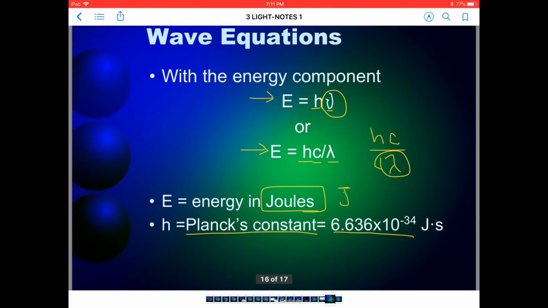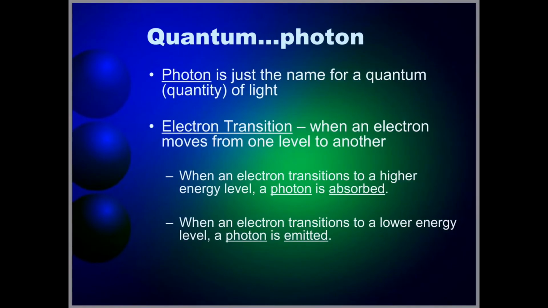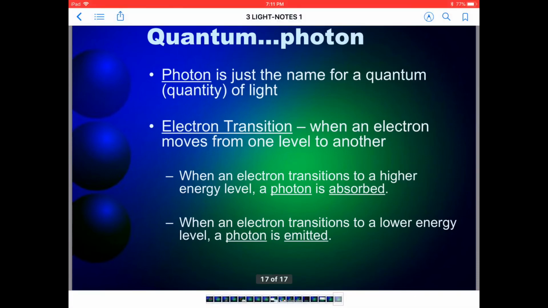The last thing I want to talk about is quantums and photons and what's actually happening here. So again, we've already talked about a photon, but it is just a name for a quantum, or a quantity, of light. So remember, a photon is just a little ball of light that has a specific energy or a specific wavelength tied to it.